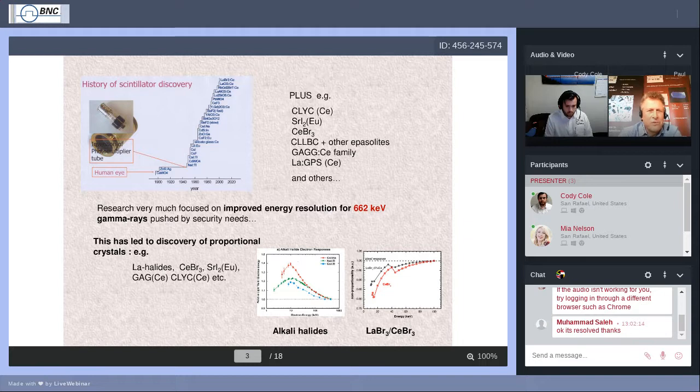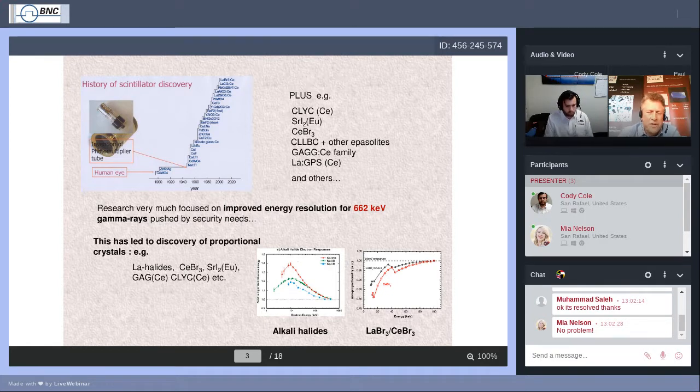It started with lanthanum chloride, lanthanum bromide, and these days we have a whole family of so-called high-resolution or proportional crystals we can use building scintillation detectors. Materials like cerium bromide, strontium iodide, CLYC, GAGG, and some others. The research was very much focused on finding an improved resolution at 662 keV, and this was pushed by security needs. And this development has led to the discovery of these crystals.